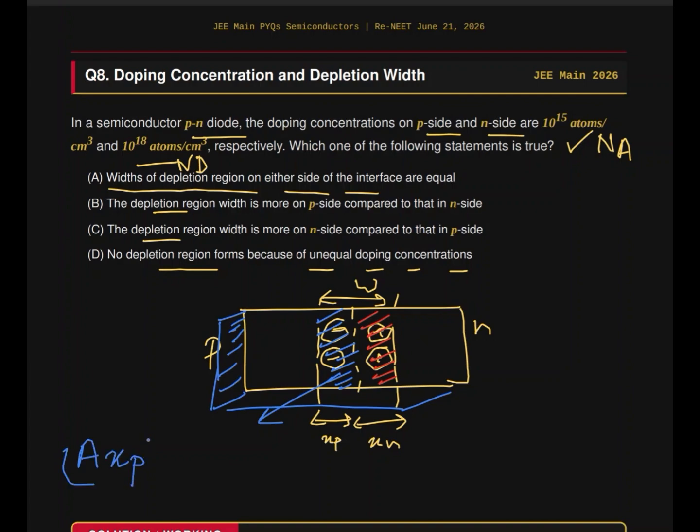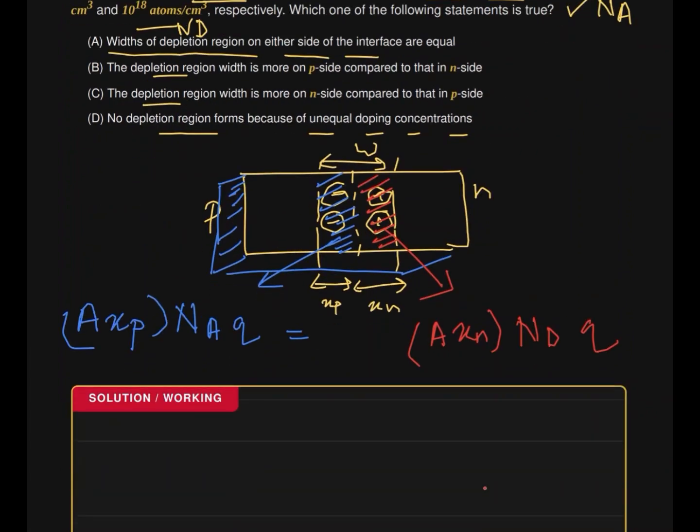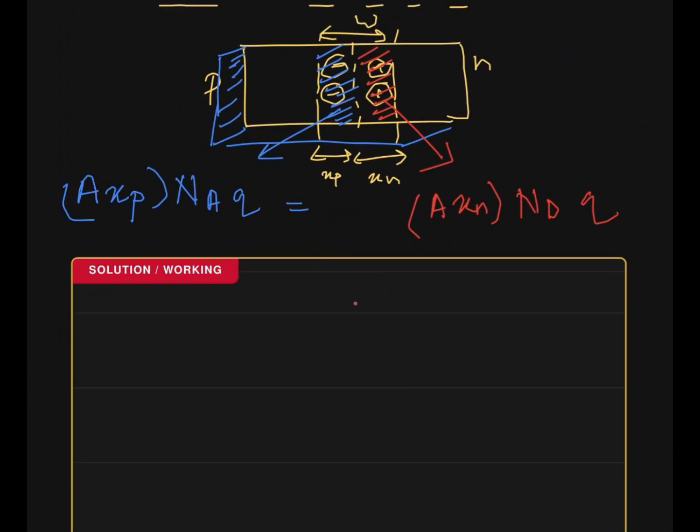Volume into charge density: on the P side it is acceptor, and we have the charge q. And on the N side, here also we have area A times Xn into Nd into q. We just equate them. What we get? We get Na into Xp is Nd into Xn.